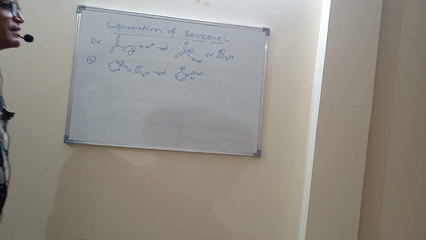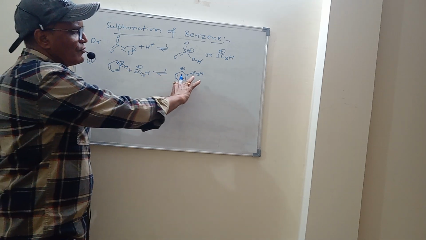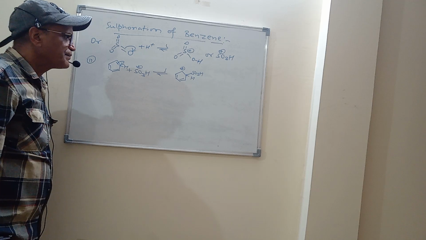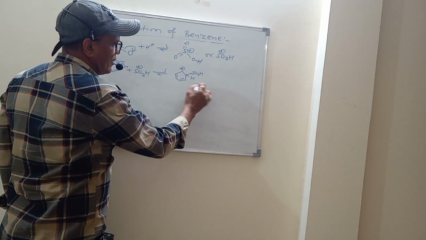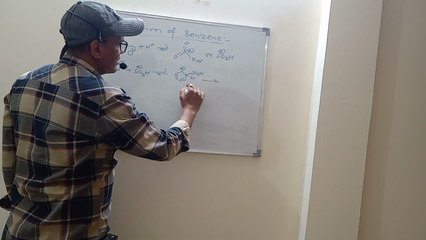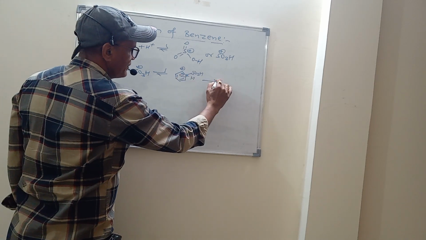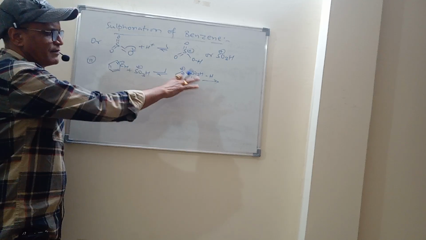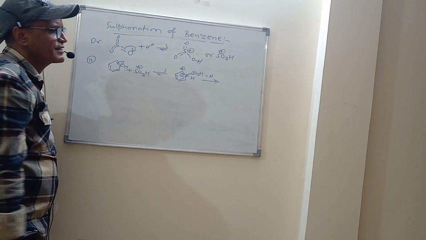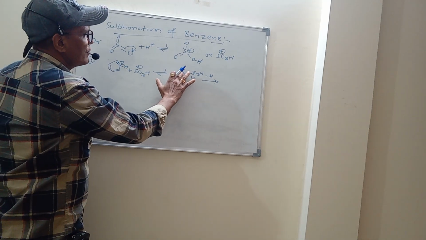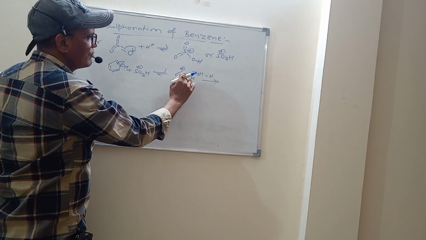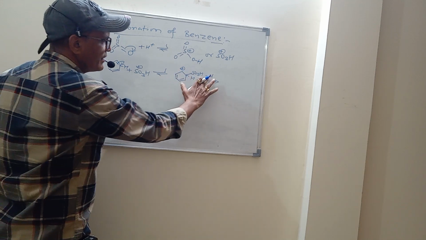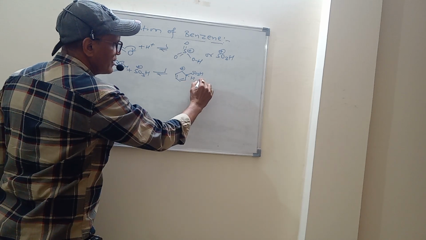Now again it is resonance stabilized, so we can write in that way also, or we can directly in the next step consider a removal of this H plus also. That will actually be part of the third step. So before going to the third step, we should again consider its resonance stability.